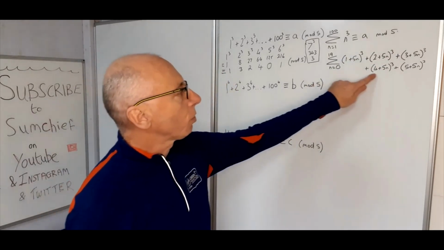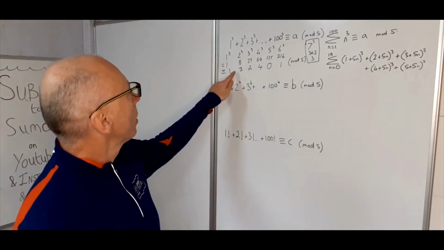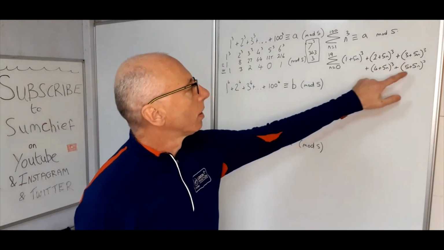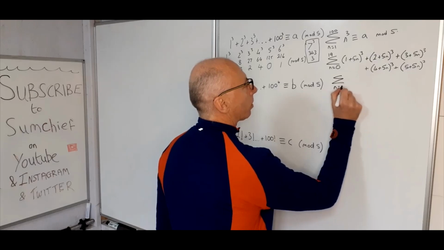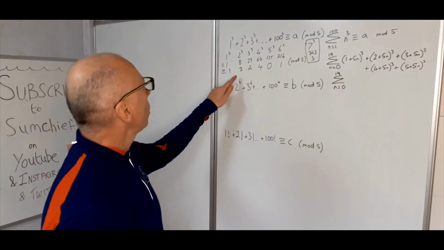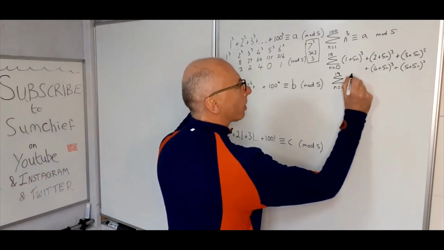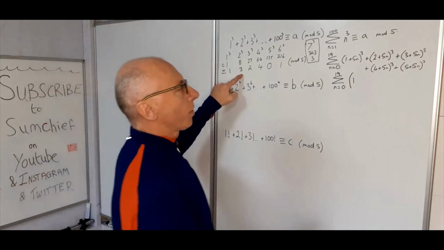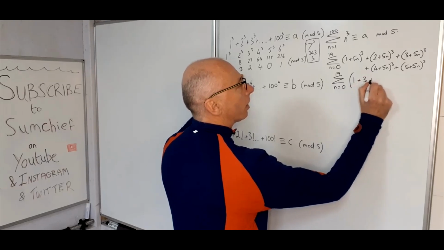But first of all, let's just work out what's going on in here. So in terms of congruences, we can write these digits in place of these. So now what we'll say is n equals 0 to 19. 1 plus 5n cubed, that's going to give us a 1. So if I just put this in a bracket, that's going to give us a 3 for the 2 plus 5n.